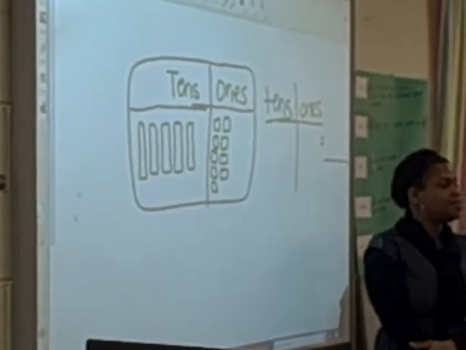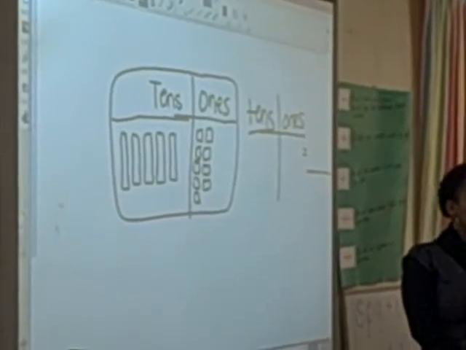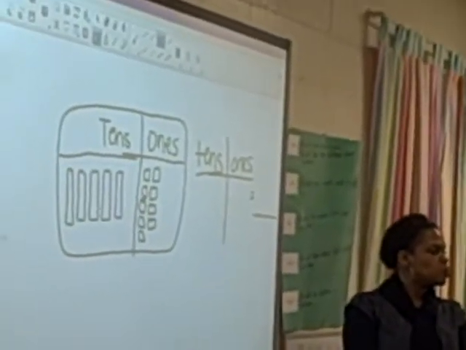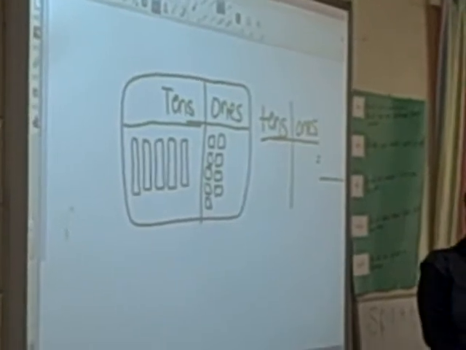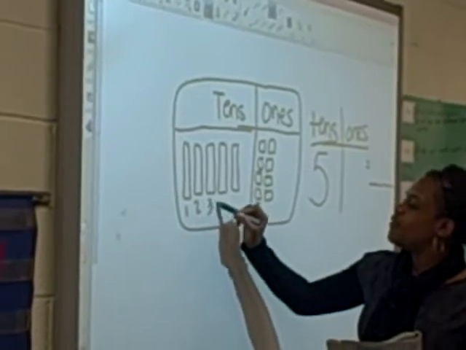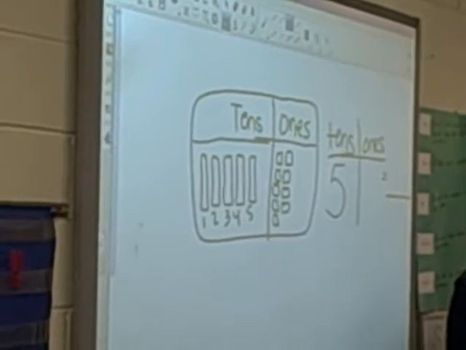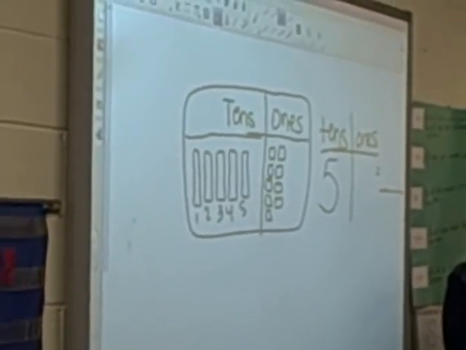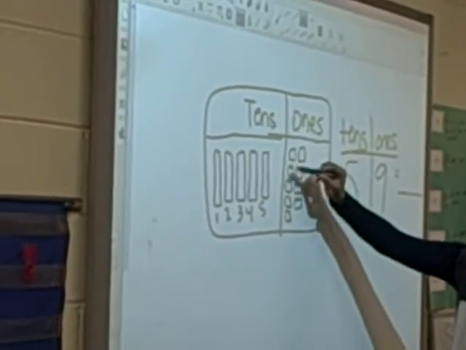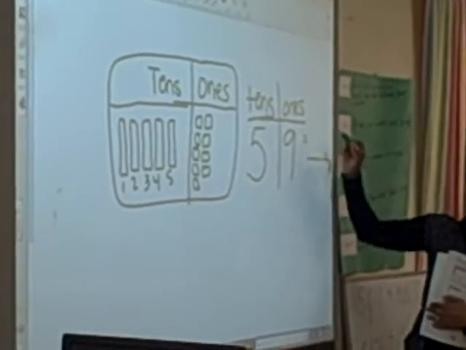Number 8. How many 10s do we have? She's counting. Great job. She said we have 5 10s, and we do. We have 1, 2, 3, 4, 5. How many do we have left over, Brianne? 9. So what's our answer, Brianne? 59. Great job.